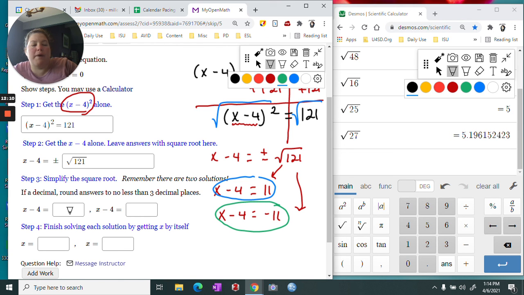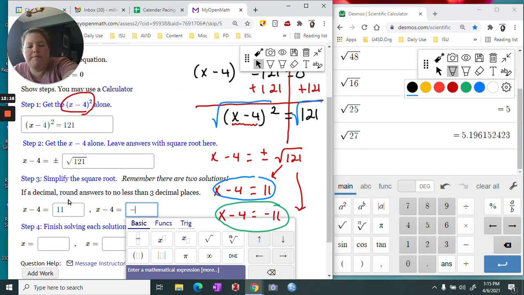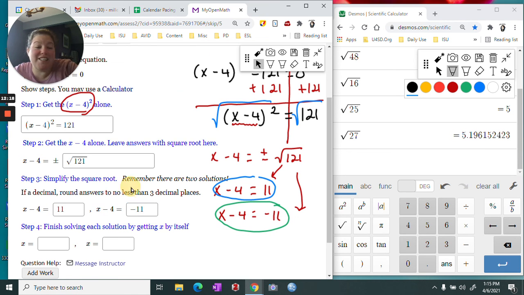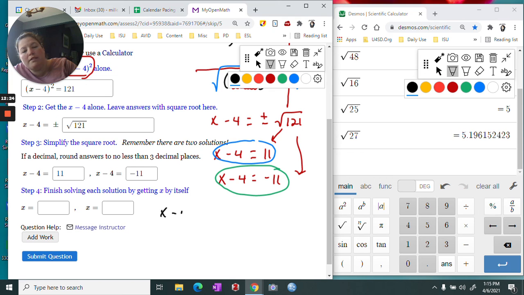So we're going to have positive 11 and negative 11. Okay, and then I need to solve both of those. So that's what I'm going to do in my final step. I have x minus 4 equals positive 11, and I have x minus 4 equals negative 11. And I'm going to solve each of these.